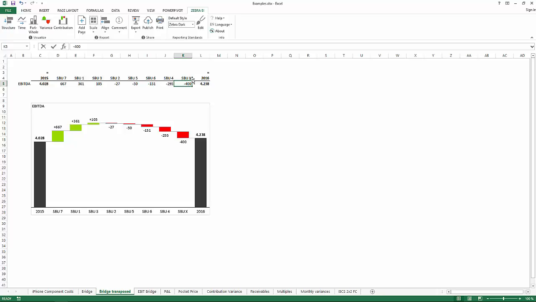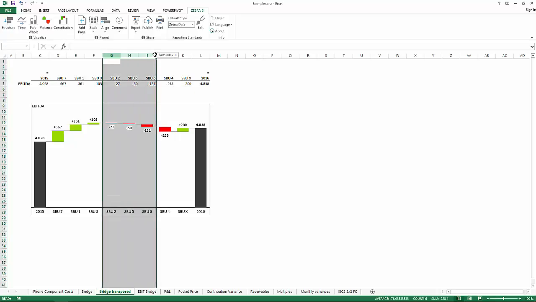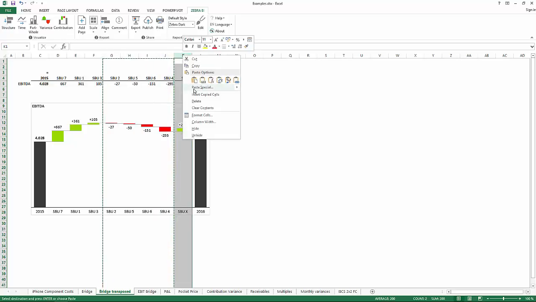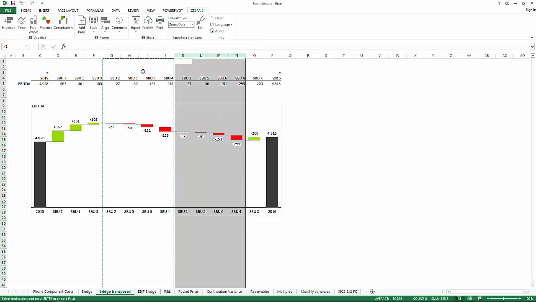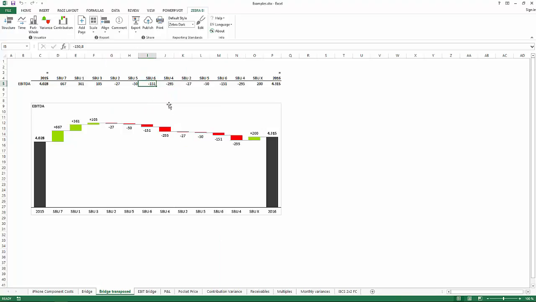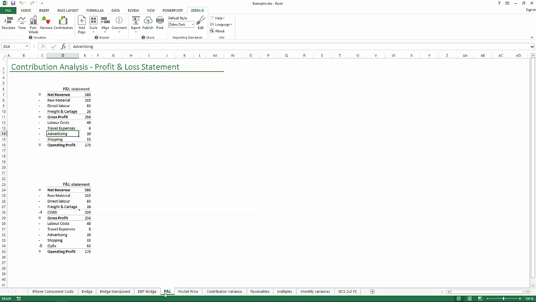This is how you can just grow your charts. Or if you need more, you can just copy, for example, 4 rows and then insert copied cells, voila, and this is how you can grow it like this.